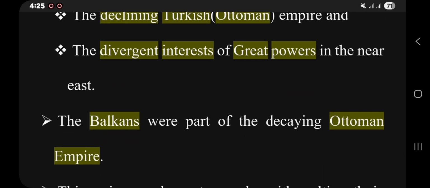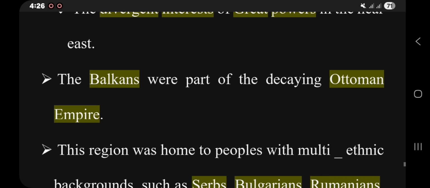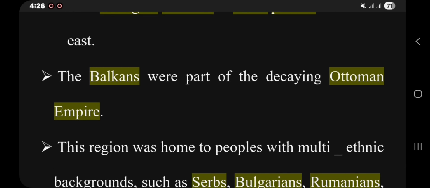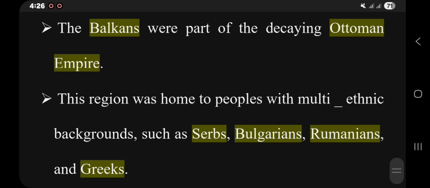The second factor was the decline of the Turkish Empire and the divergent interests of the great powers in the Near East. The great powers of the period were Great Britain, Russia, Germany, Italy, Austro-Hungary, and the like. All these states had their own interests in such areas. The Balkans were part of the decaying Ottoman Empire.